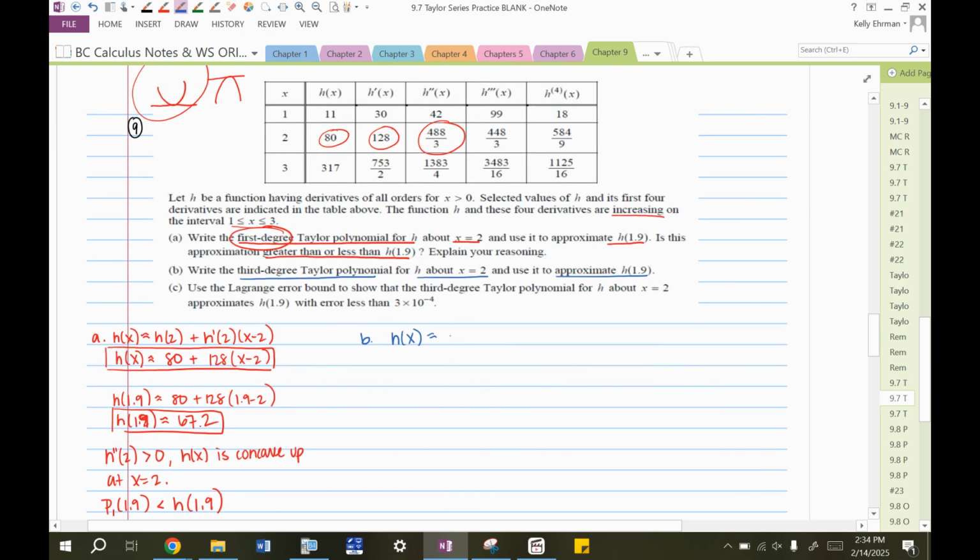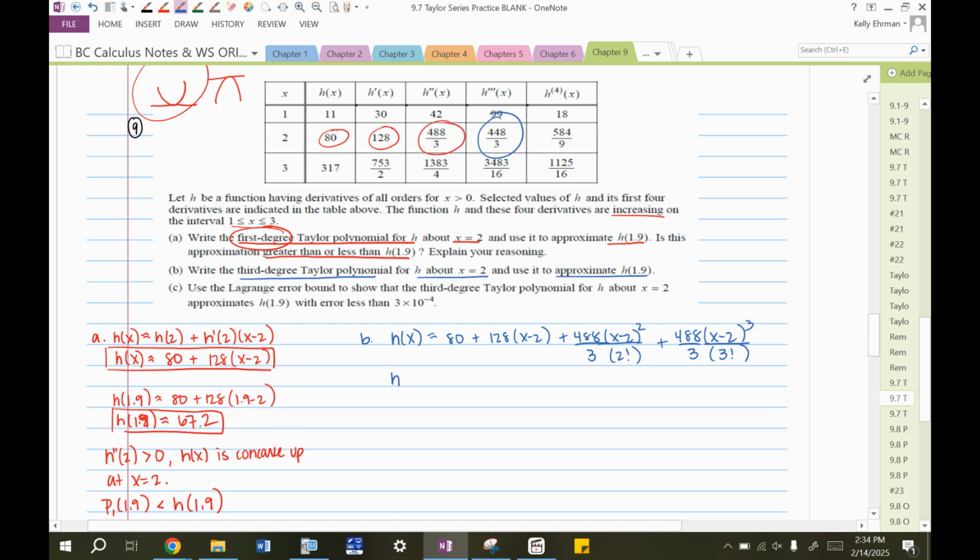So it's h of 2 plus h prime of 2 times x minus 2 plus h double prime of 2 times x minus 2 squared over 2 factorial. Third degree. Plus h triple prime, same number, times x minus 2 to the third over 3 factorial.